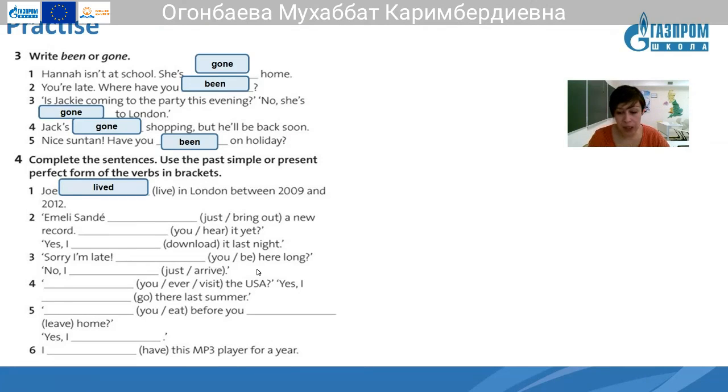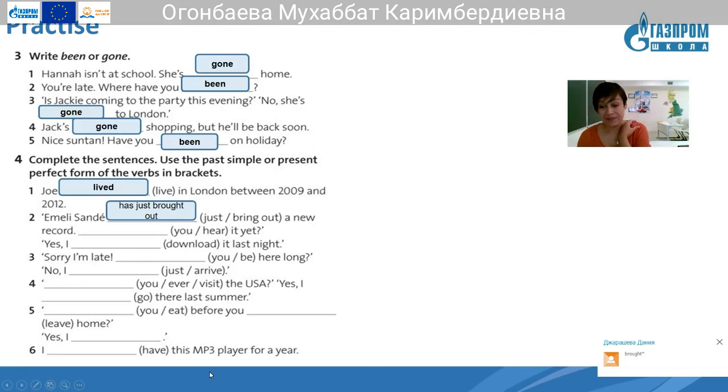Please speed up because we are running out of time. Past simple or present perfect, both have the abbreviation PP. Yes, has just brought out a new record.